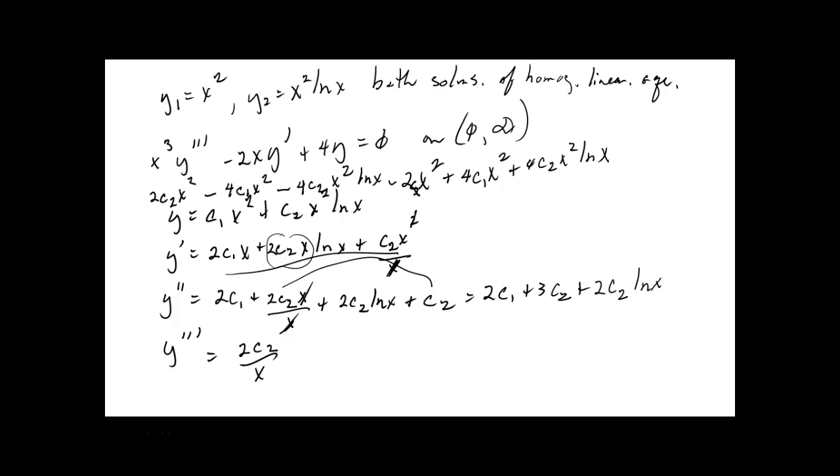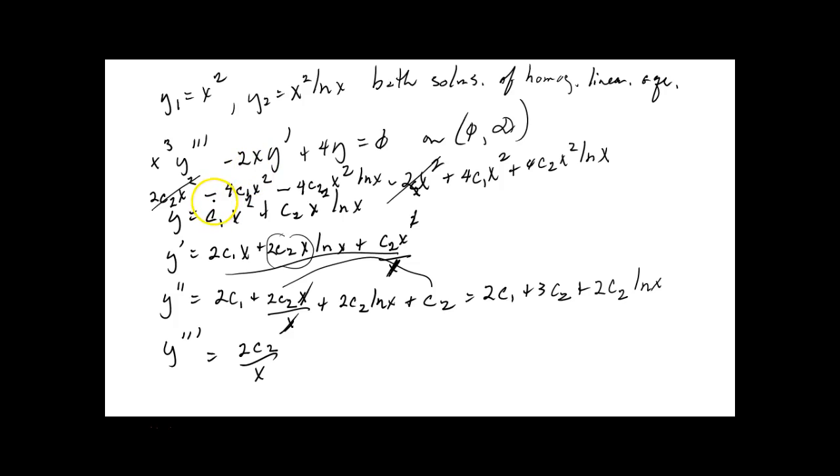Okay. Now, let's see what we got. Here we got a 2c2 x squared and here we have a minus 2c2 x squared. First term and the fourth term.